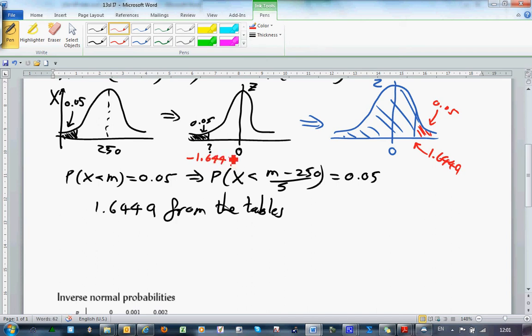So going back to the calculation, negative 1.6449 is going to be less than m minus 250 over 5.